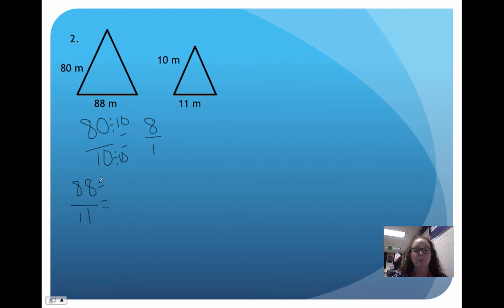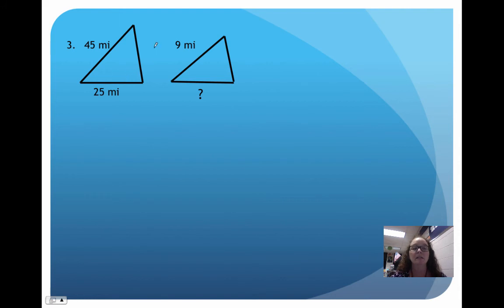Greatest common factor is 11. 88 divided by 11 is 8. 11 divided by 11 is 1. So we have the same ratio. Remember, you're not looking for the same greatest common factor. We're looking for the greatest common factor to see if there is the same ratio, which there is. So yes, these two triangles are similar because their ratios are the same.